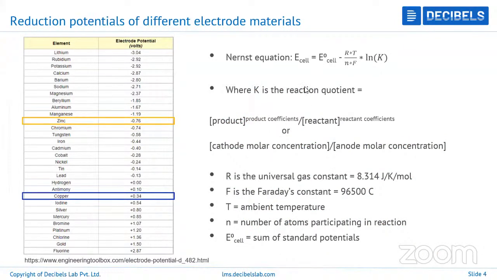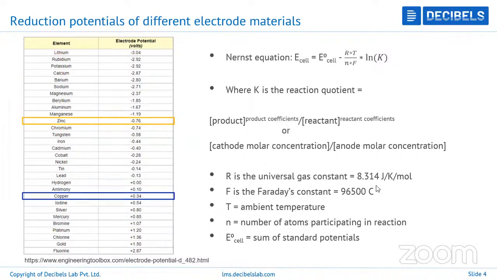Now we'll understand each of the terms in this Nernst equation. E cell is your total cell potential, and E naught of cell is the standard potential, also called the reduction potential. It's the same equation that we saw in the previous slide, E of cathode minus E of anode, and that is exactly what E naught of cell will be.